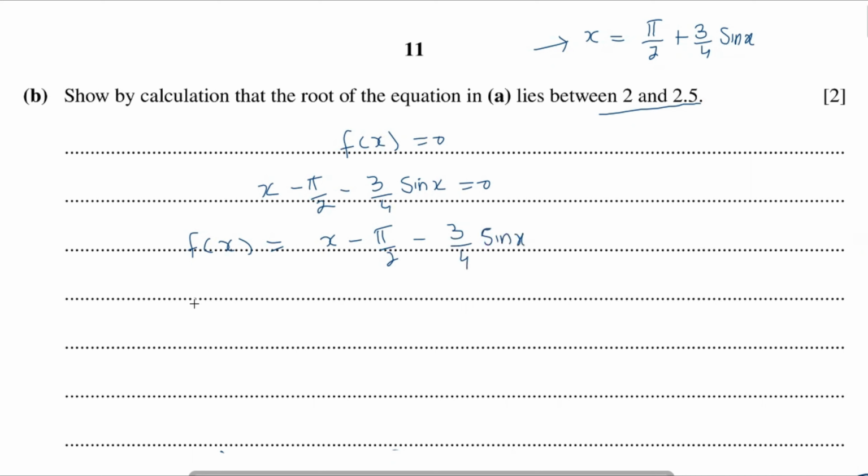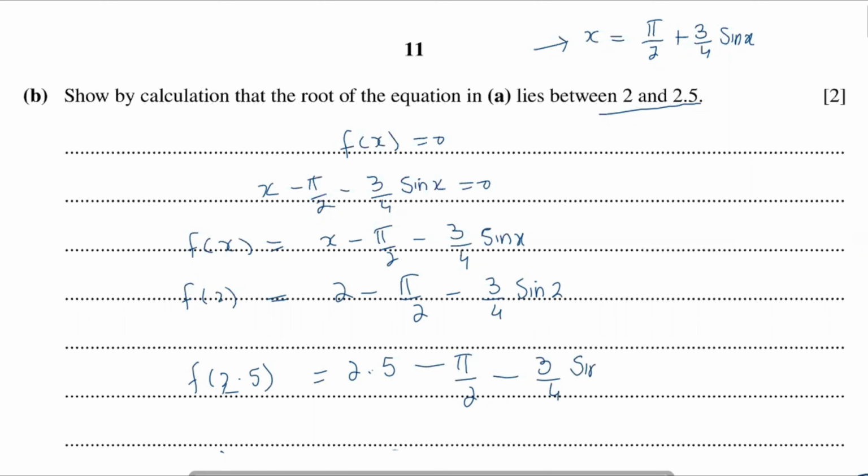Now, firstly, we find the value f of 2. Now, f of 2 will be equal to 2 minus pi over 2 minus 3 over 4 sine 2. And same here is f of 2.5. Now, that value, we see that 2.5 minus pi over 2 minus 3 over 4 sine 2.5.